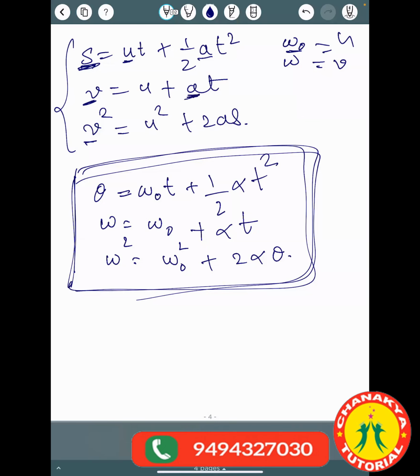Axel, I told you how to solve without using these equations. Same analogy you can use here also. Write down these. Zivian, listen carefully. Your mind is somewhere else.